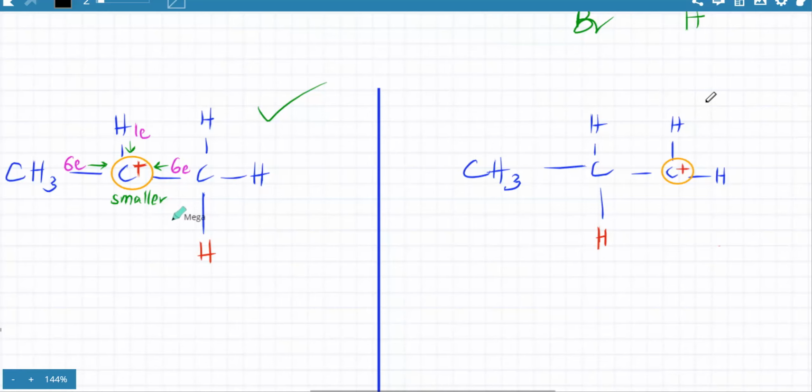It's going to be a relatively small positive charge. Not all plus one charges are exactly the same. Because the positive charge is present in the middle of the molecule, and there are carbon chains on both sides, and carbons have lots of electrons, it's surrounded by electrons. So the electrons are going to get pulled towards this positive carbocation, and the positive charge would kind of get neutralized. It's going to be relatively smaller.